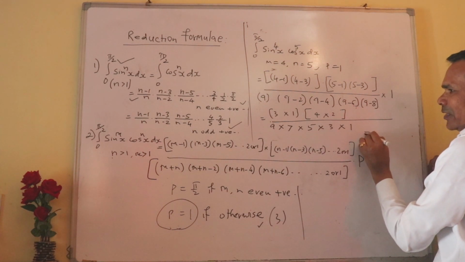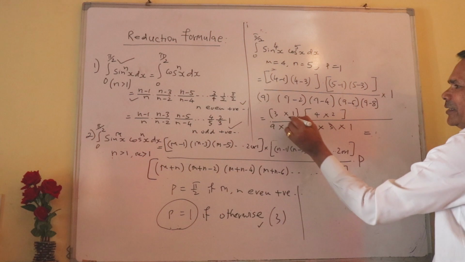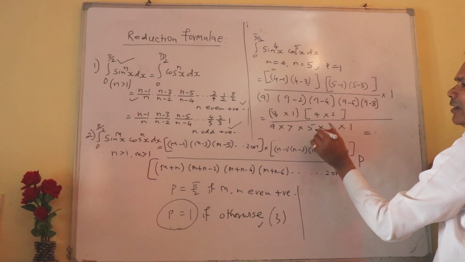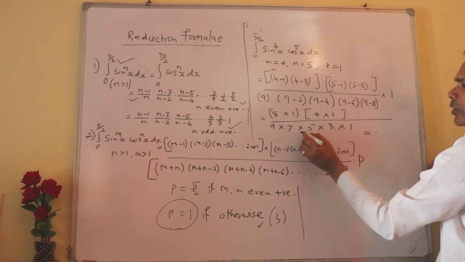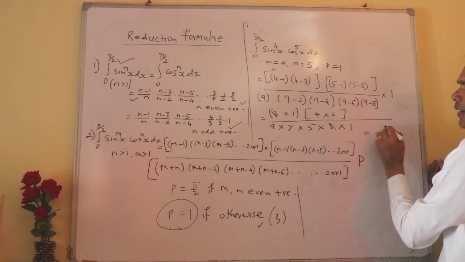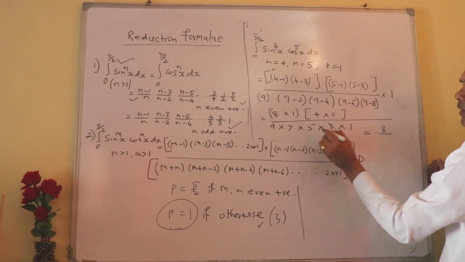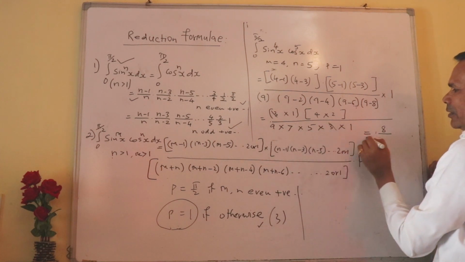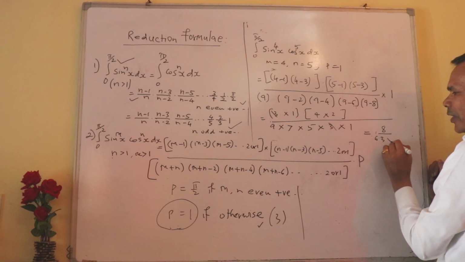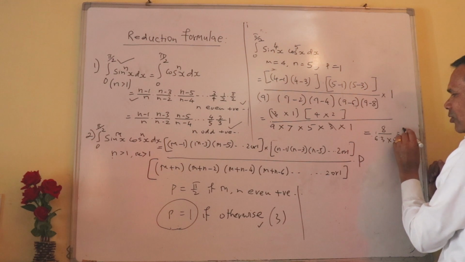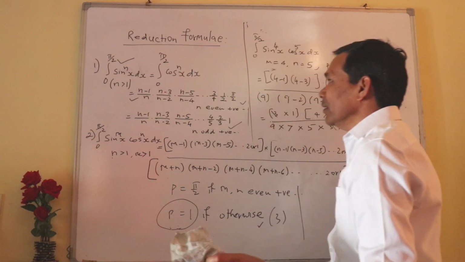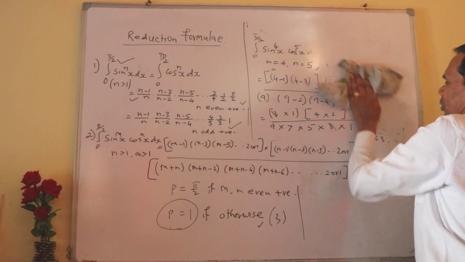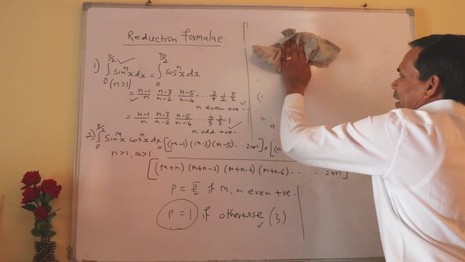If you simplify this, 3 gets cancelled here, then you get 2 times 4, which is 8, divided by 63 into 5. So this is the value of this particular integral. This is the way you can apply this formula for the product of sine and cosine.